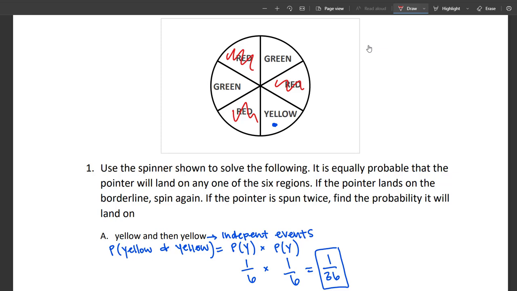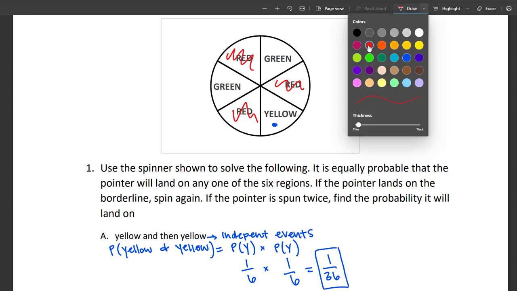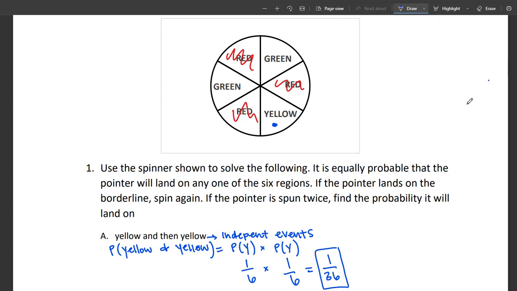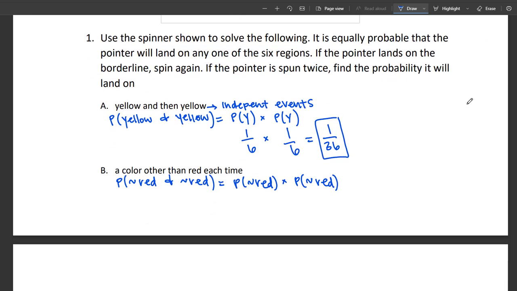So that means that we have 3 that are not red. So we have 3 out of 6 that are not red. So 3 out of 6 times 3 out of 6. You can either multiply or you can go ahead and reduce down. We have 1/2 times 1/2 gives us 1/4.